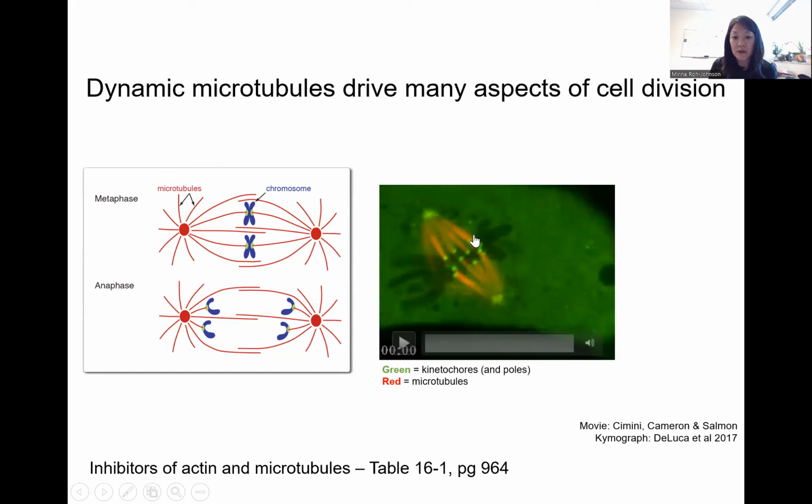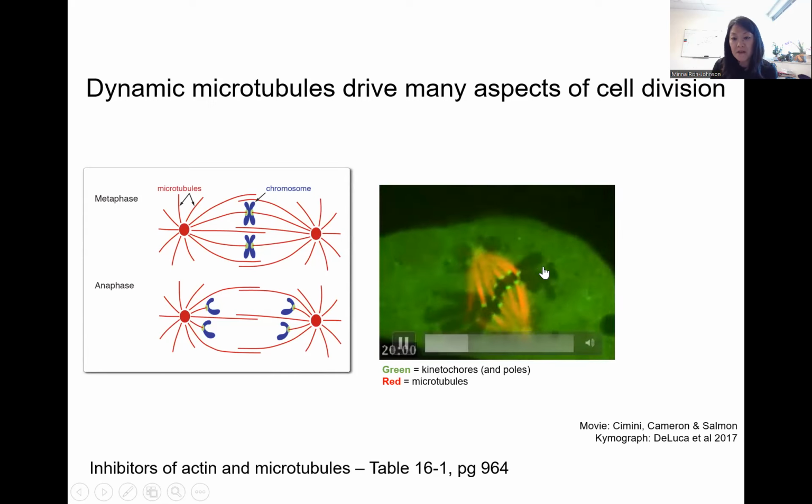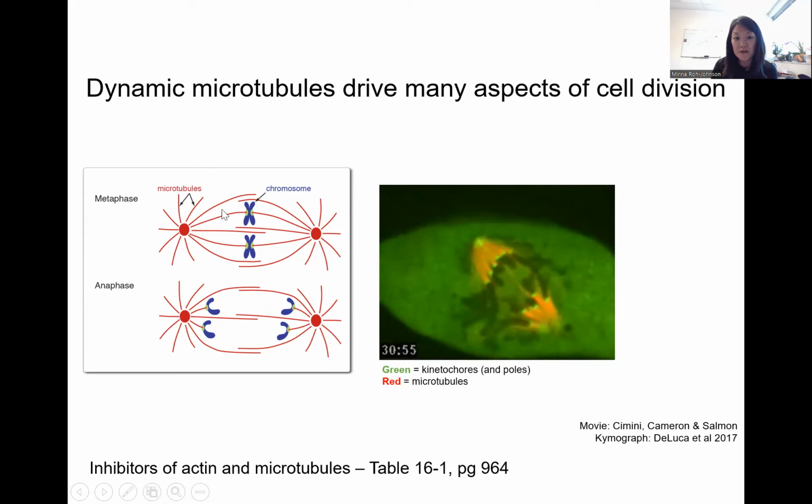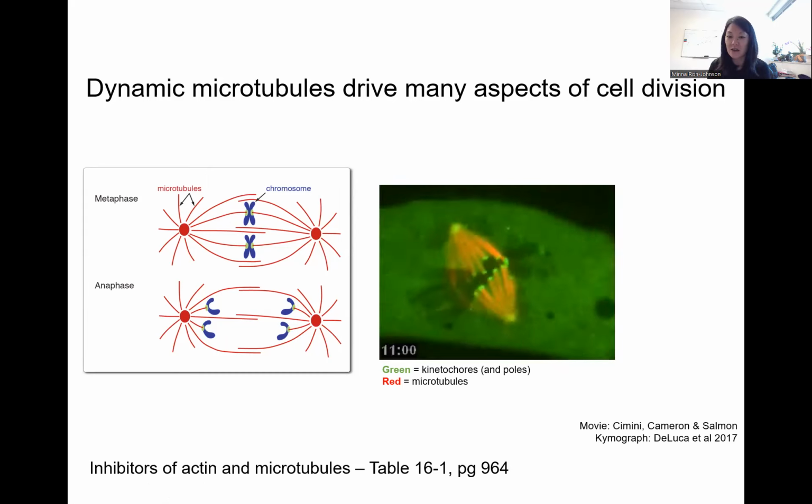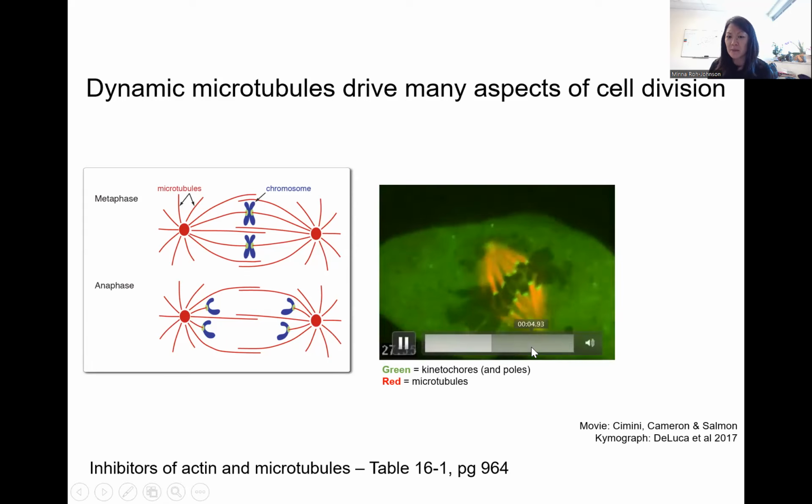So in red are microtubules. Green are the areas where the microtubules are making attachments with the chromosomes, and it's called a kinetochore. And these black sausagey-like things are the actual chromosomes, which are unlabeled. When I play this movie, what you'll see is even at the spot of metaphase, where you think it's just this still structure where the chromosomes are just kind of staying still, it's incredibly dynamic.